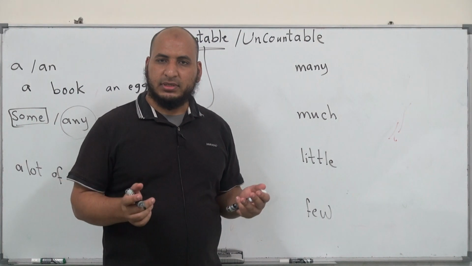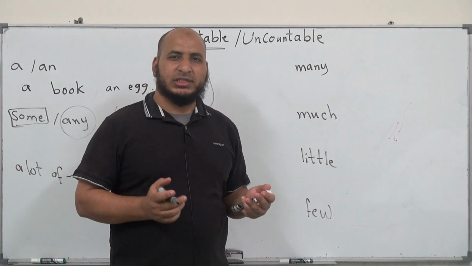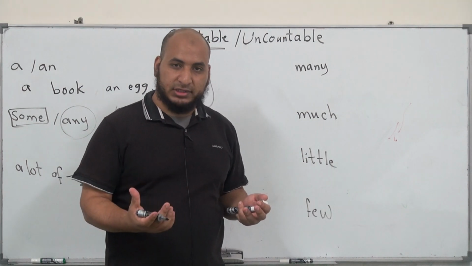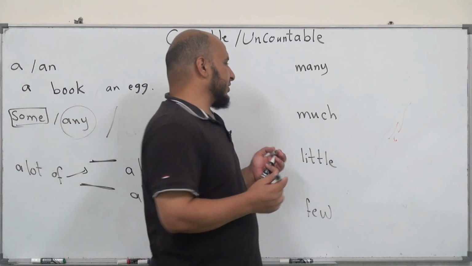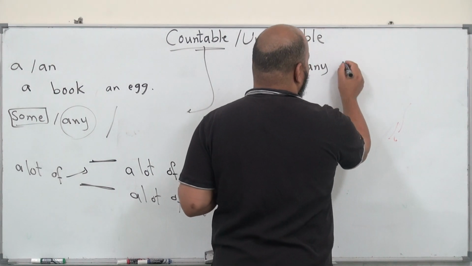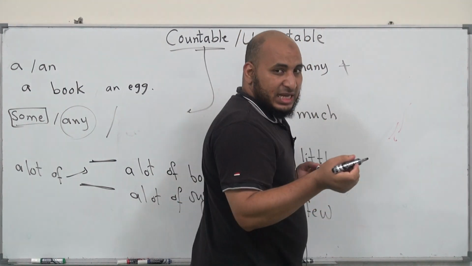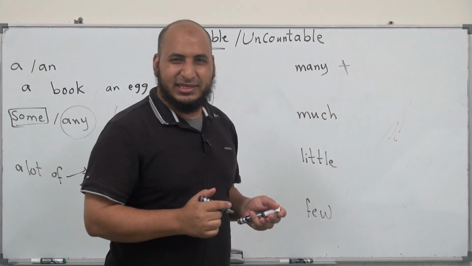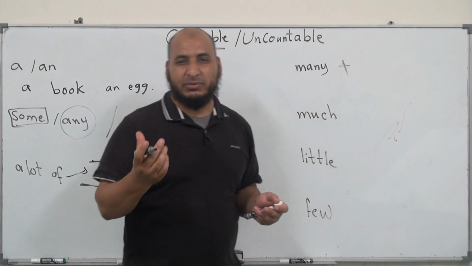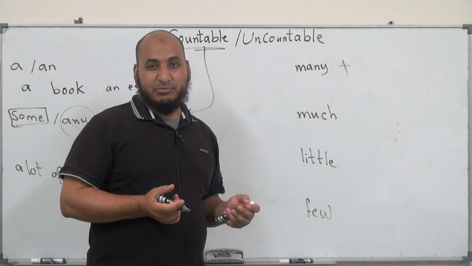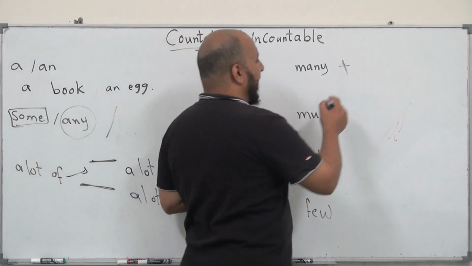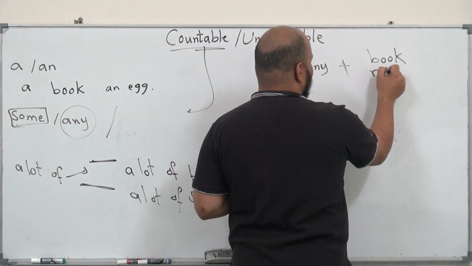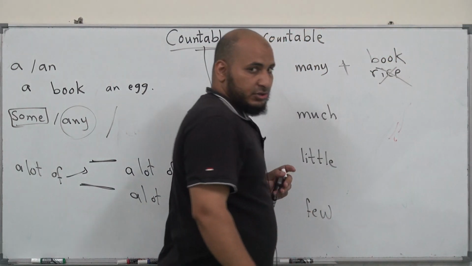If I say many books, that means I have 10 books or 20 books. Many plus countable nouns. You can't say many money, because money is uncountable. Many books, but much rice.